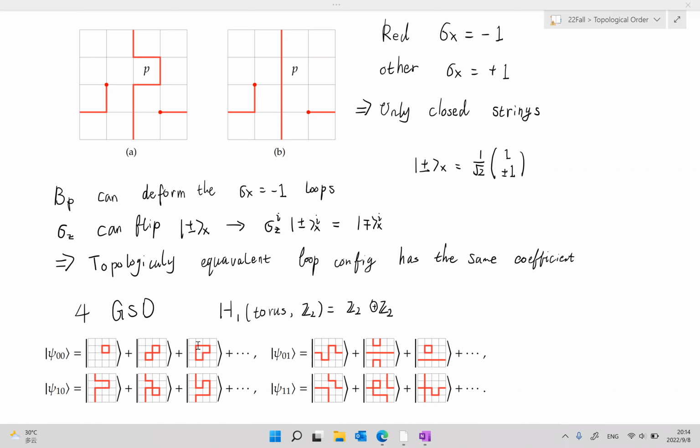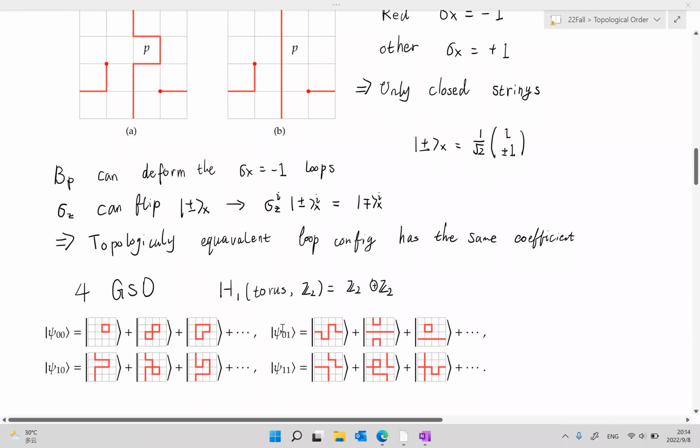Basically we are computing the homology class, and the input is the torus.